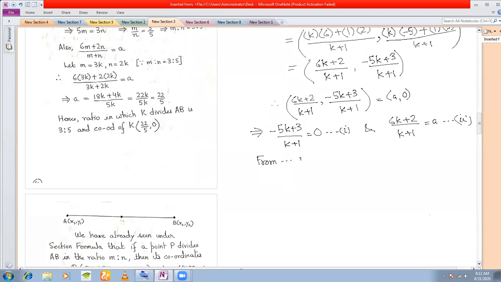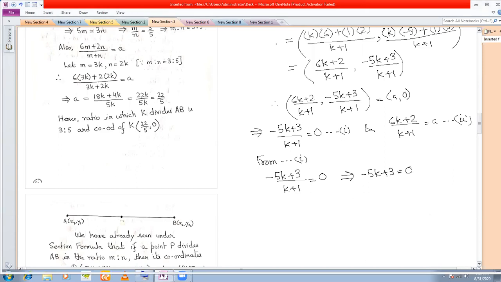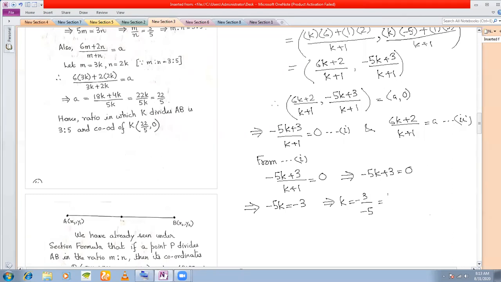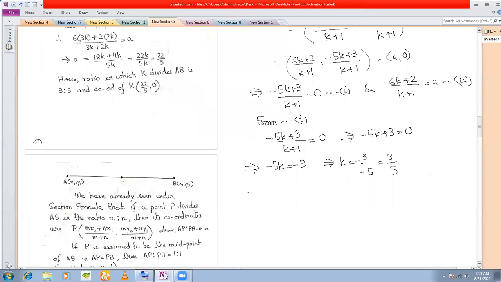So from 1 we are going to calculate the value of k. From 1 we have minus 5k plus 3 by k plus 1 is equal to 0. That means minus 5k plus 3 must be equal to 0. That means minus 5k is equal to minus 3. k is equal to minus 3 by minus 5, which is 3 by 5. So the value of k that I have got is 3 by 5. And what was the ratio?